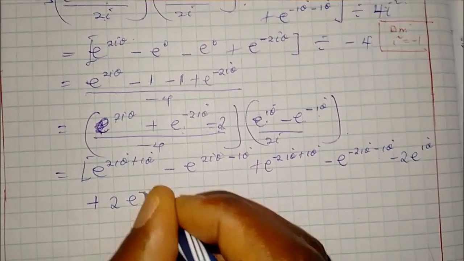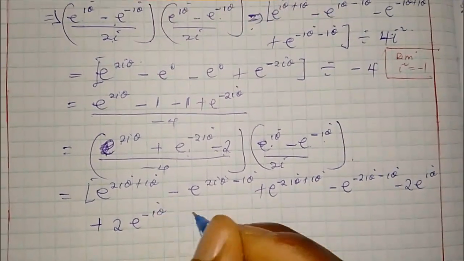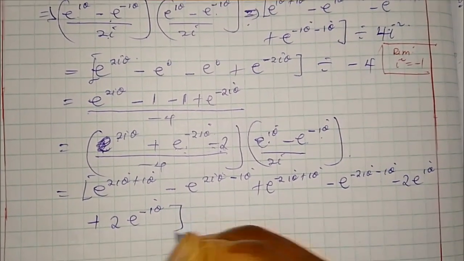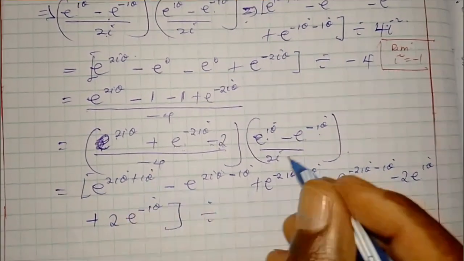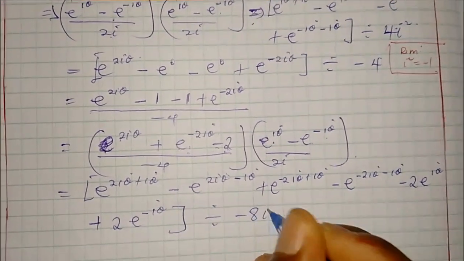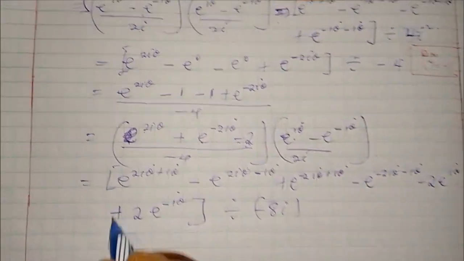e raised power negative iθ. Are we there? Divide by negative 4 times 2i, which is negative 8i.